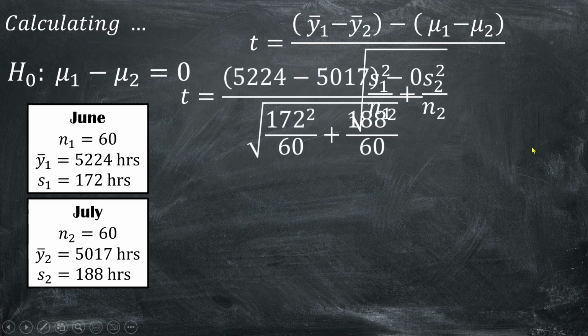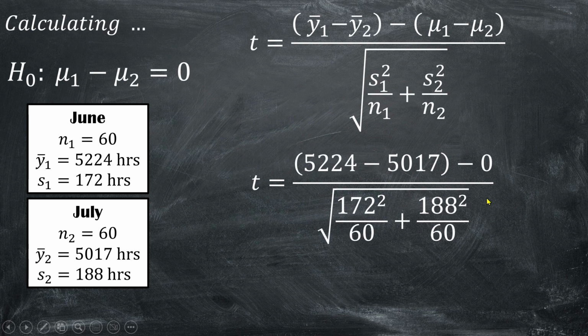And so, plugging in some numbers, we put 0 in place of the difference between the population means, again, because we're assuming the null is true. And then for the rest, we just put in the numbers that we have. So here's the mean for June, the mean for July. Down here we have the standard deviations for those 2 months, and we're also accounting for the sample size.